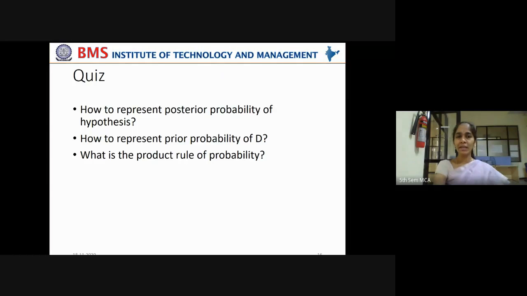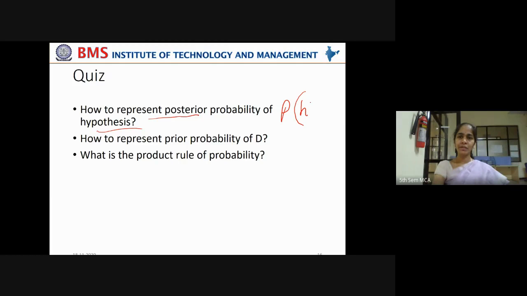Now, can you quickly answer these questions? How to represent the posterior probability of a hypothesis? Posterior probability of hypothesis, how can you represent that? Posterior probability of the hypothesis means the probability of observing a hypothesis.